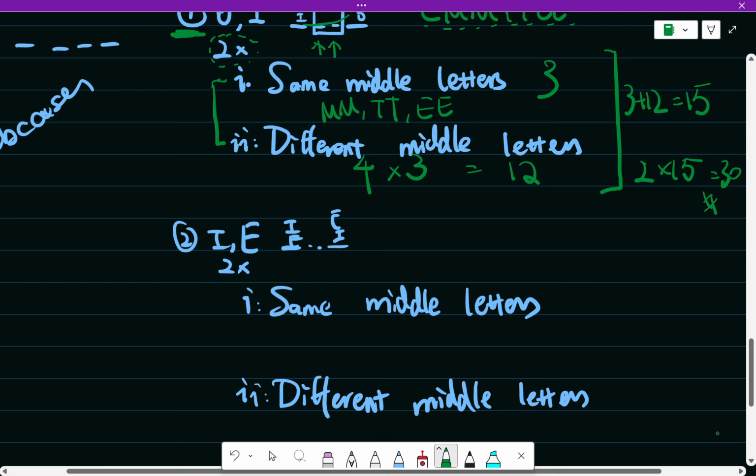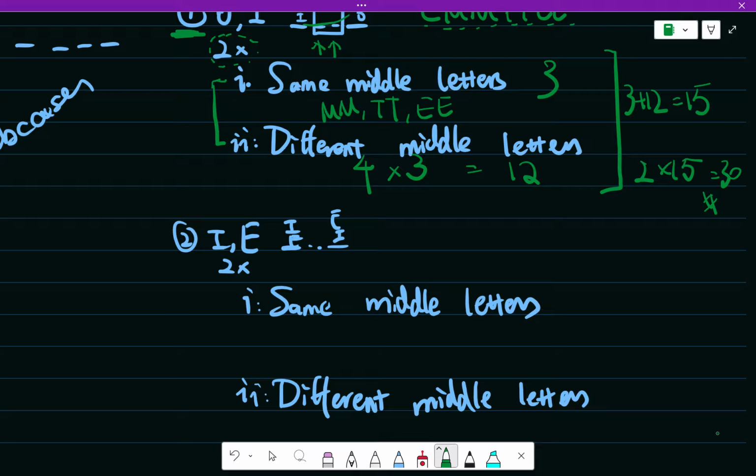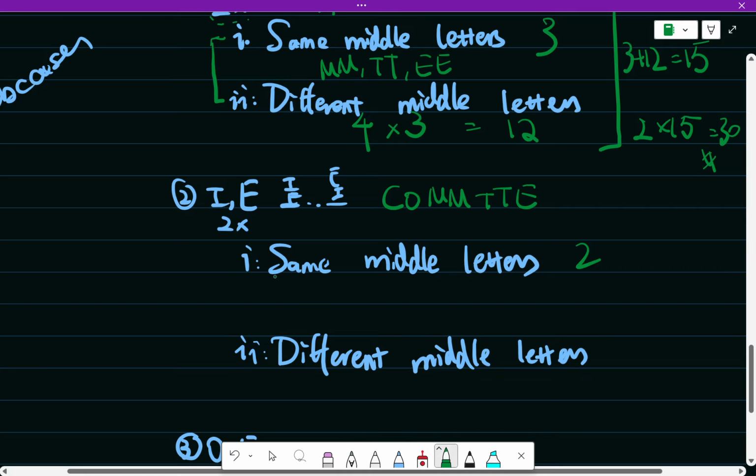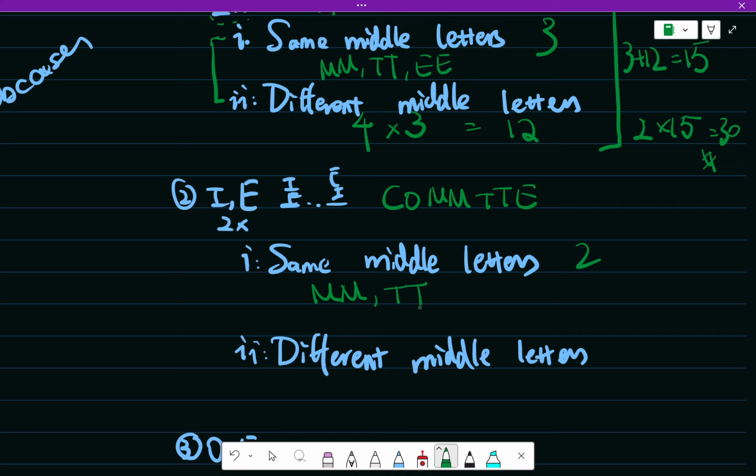Next is the second big case, which is IE. So for IE, we look at the word committee. If we chose IE, we will have C, O, M, M, T, T, E left. And if we want to do the same middle letter, again, we only have 2 possibilities because we can only do MM or TT. And if we want to do different middle letters, then again, for the middle 2 positions, I have C, O, M, T, E, 5 different letter choices.